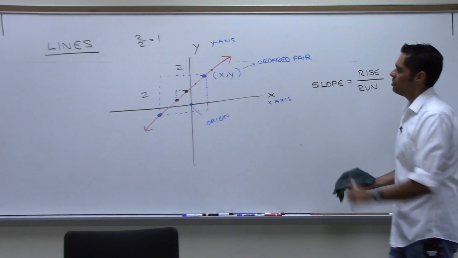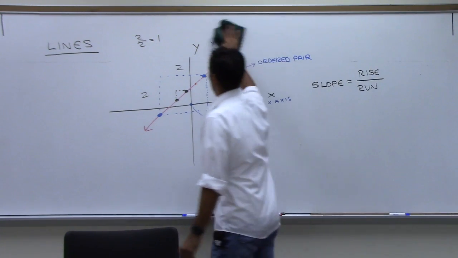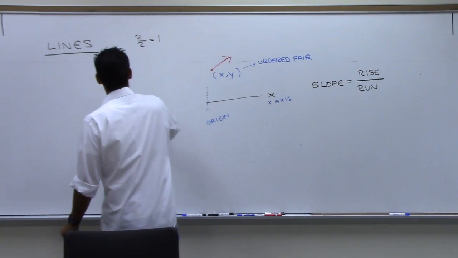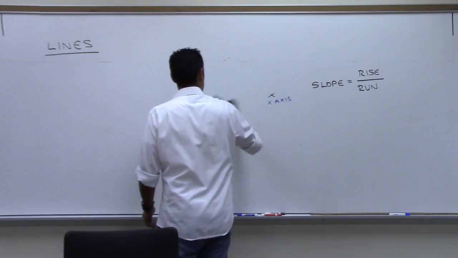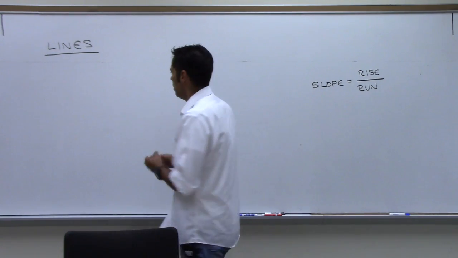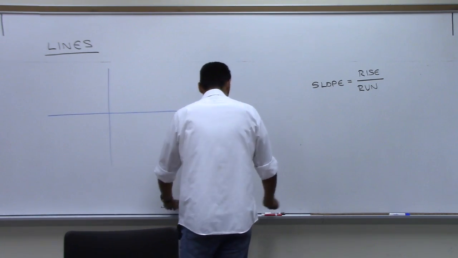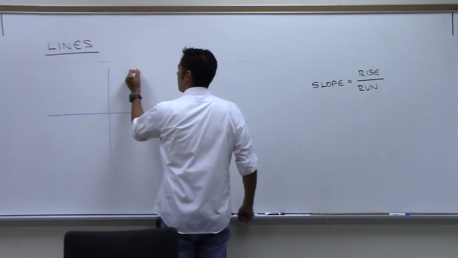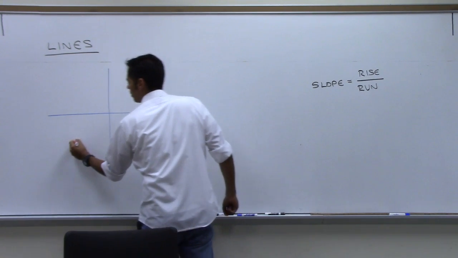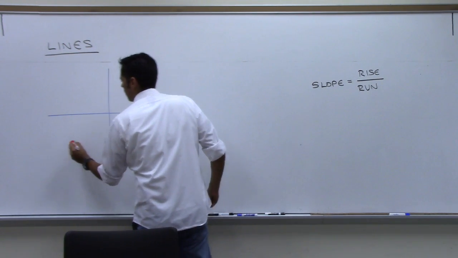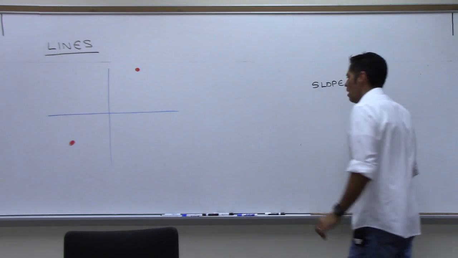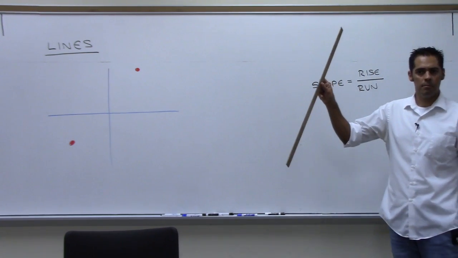Now I'm going to erase this and draw kind of another blank slate here. So if we have our xy axes and somebody gives me 2 points, then there is only one line through those 2 points, right?